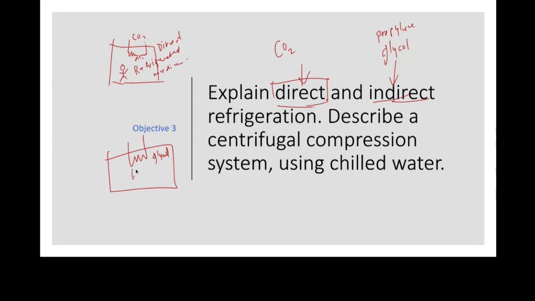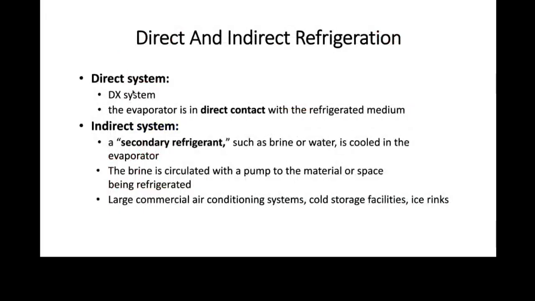If this thing springs a leak, you're just going to get droplets of glycol, and you're going to get a puddle on the floor. But hopefully no refrigerant will get into that room and cause us problems. So that's the basic difference between a direct and an indirect system.